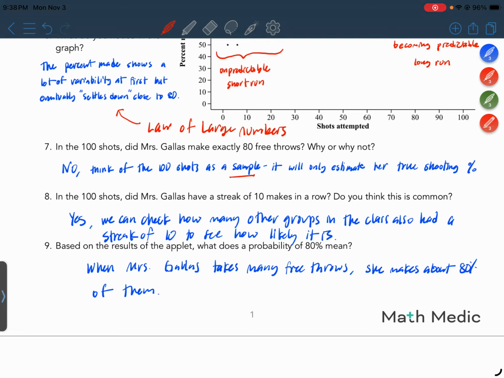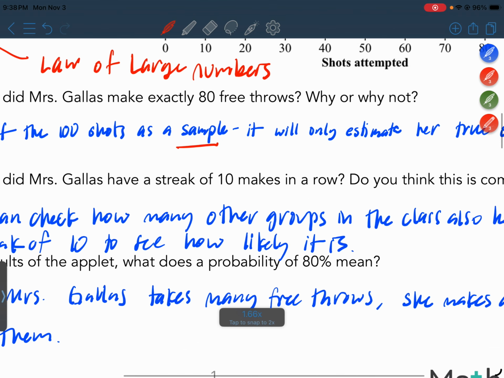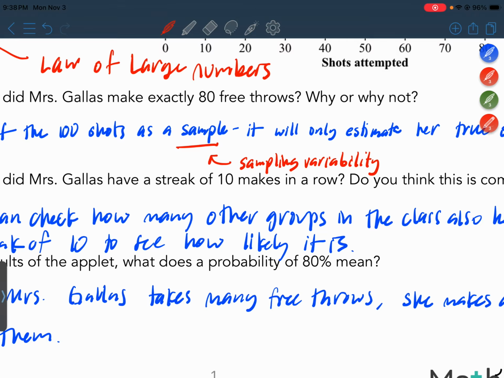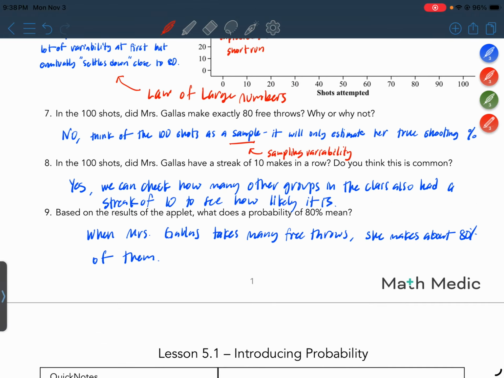It's not always going to match the truth. So every sample is going to look different from another sample, and this is called sampling variability. Different samples are going to look different and produce slightly different estimates.